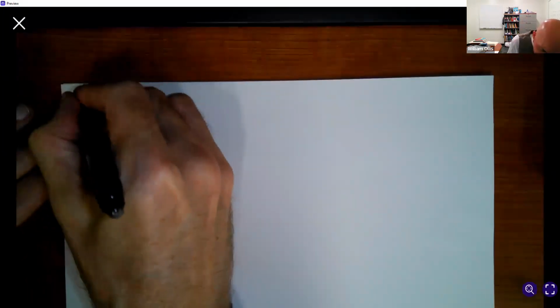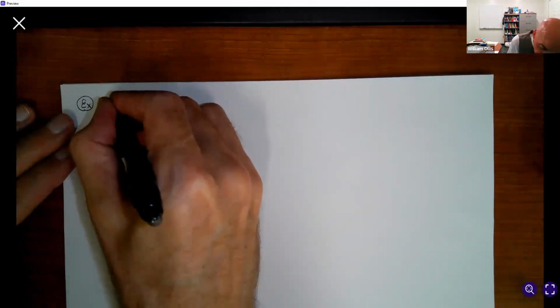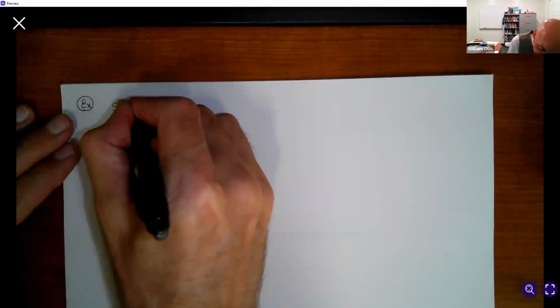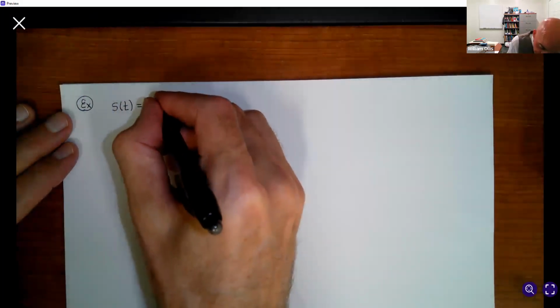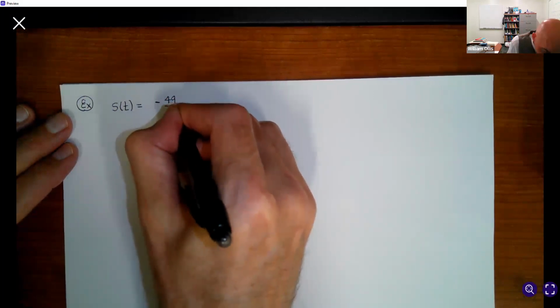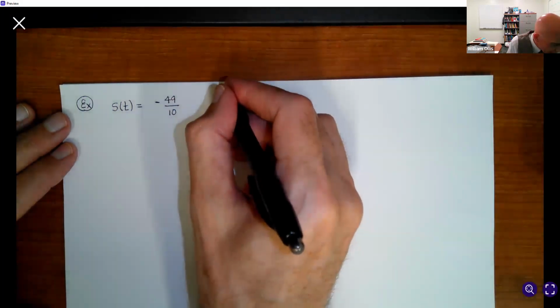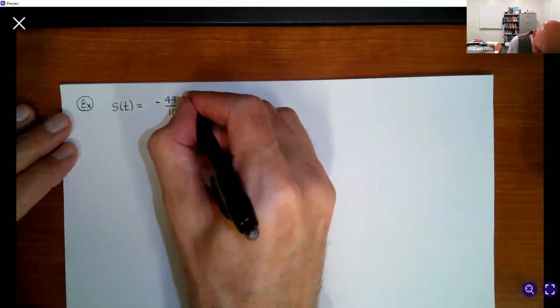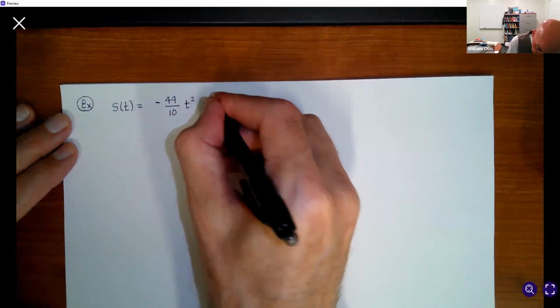So this is something from your homework that I thought was kind of interesting. We have a position function, S of t, and I'm going to write this using fractions. We have 49 over 10. That's negative 4.9, but I just wrote it with a fraction, t squared, because it's just nicer, plus 300.